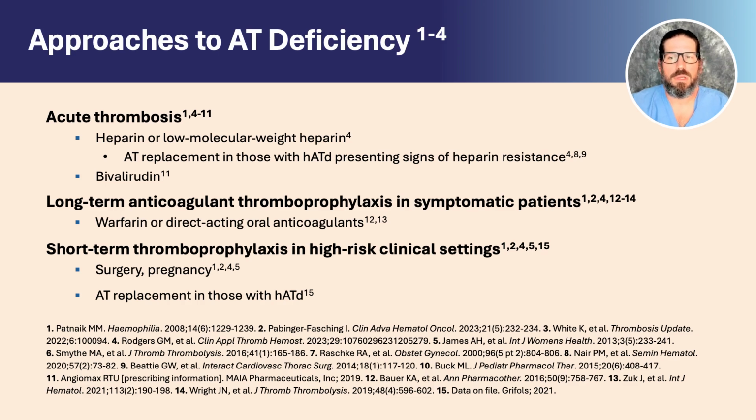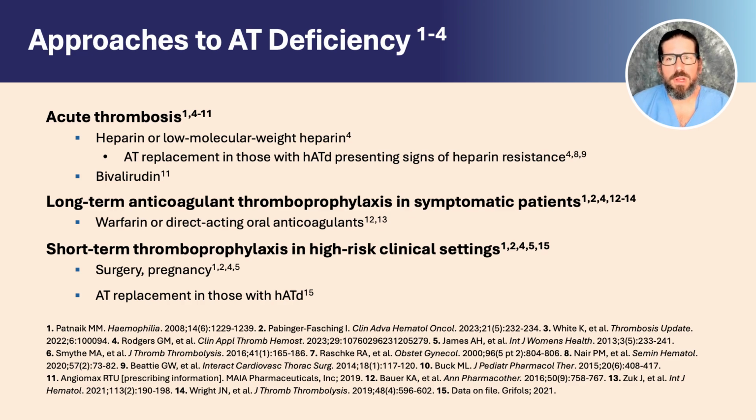Other treatments include direct thrombin inhibitors. For example, bivalirudin is indicated for anticoagulation in patients undergoing a percutaneous coronary intervention, including those with heparin-induced thrombocytopenia or heparin-induced thrombocytopenia and thrombosis syndrome. Use of bivalirudin, however, is limited by the lack of a reversal agent, or antidote, and its high cost.